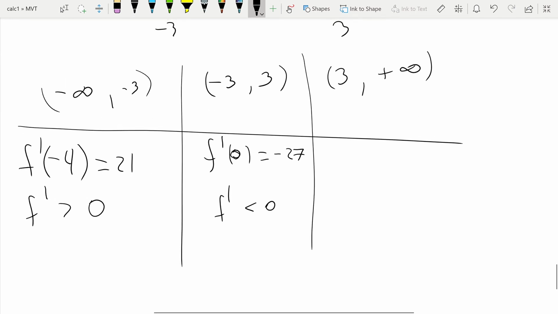Remember, you can pick any point you want, and the sign of the derivative inside these intervals determined by the critical points is constant.